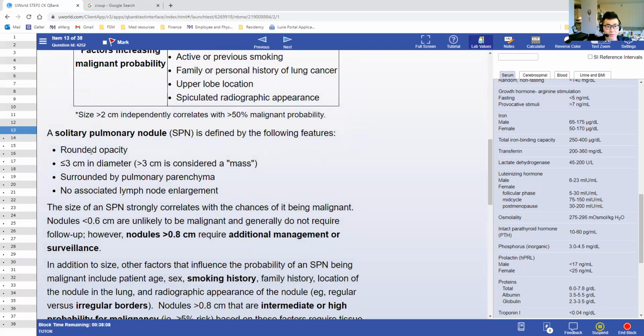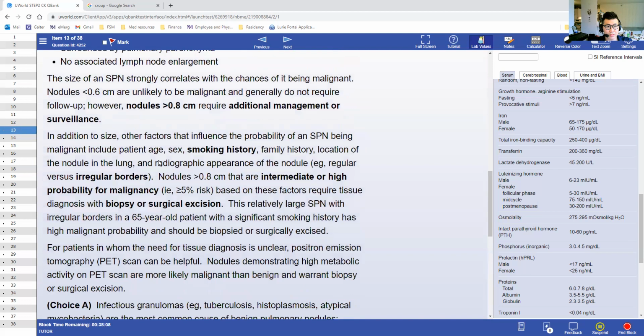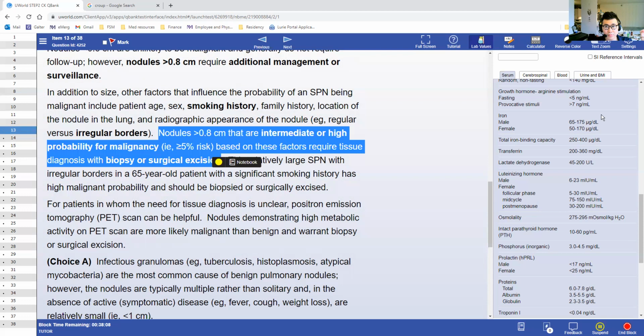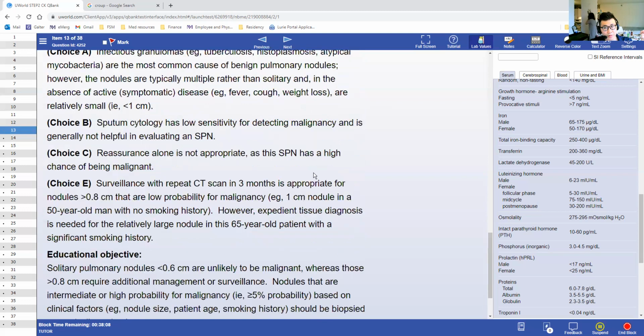Got this one right. So the cutoff here is really strict, 0.8 centimeters. Require additional management or surveillance. All right, good stuff.